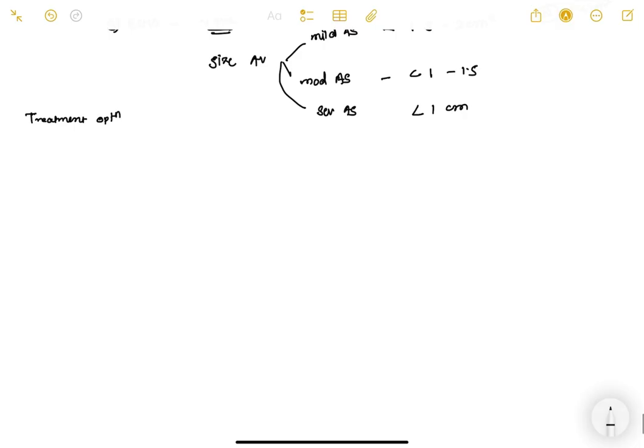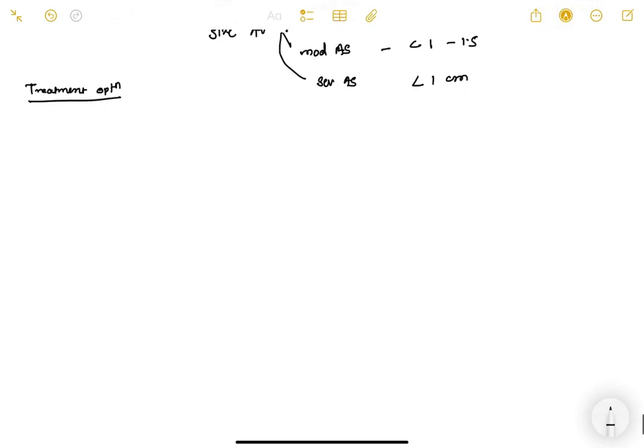So first of all, we have to control hypertension. Why? Because if there is hypertension, that means the pressure in the aorta is increased, so there is more pressure on the left ventricle.